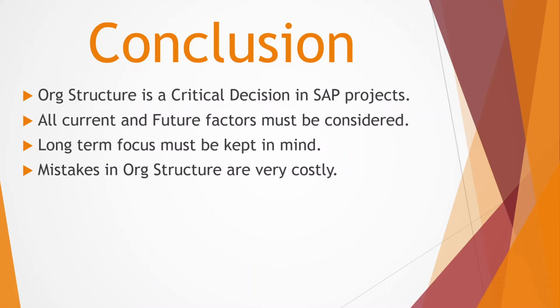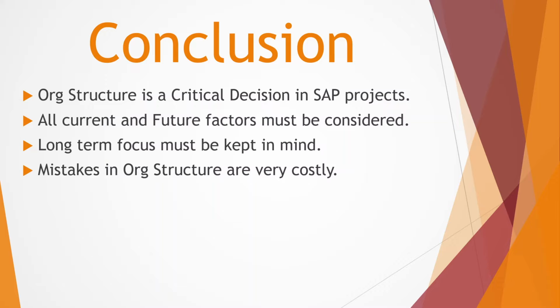And if you make any kind of mistake or if you miss out on something, then to correct and fix that issue can prove literally very costly sometimes. This would be one of the costliest mistakes you can ever make in the system, if you go wrong at the time of defining the right org structure for the company itself.